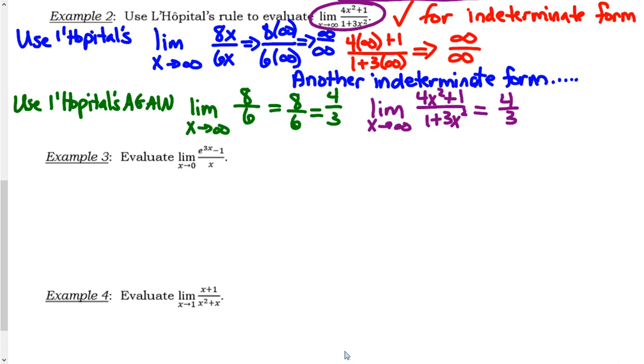And some people just memorized a trick, which is just to take the coefficient of the highest exponent of x on the top and bottom, which would be 4 over 3, which is what we get right here. But this is our calculus-based method for doing that, and the preference of all calculus teachers in the world would be, let's do it with L'Hopital's rule now.